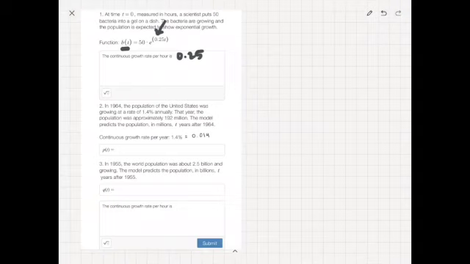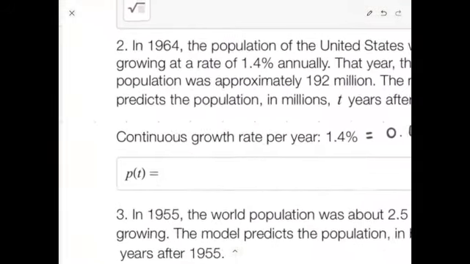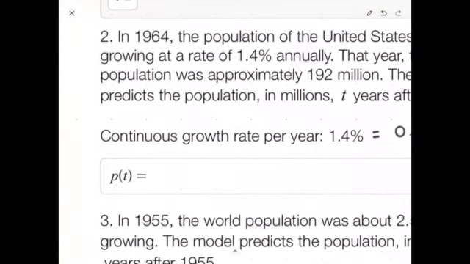And now if I want to write a function for this, I just need to know a couple of things. What's my starting population and what's my continuous growth rate? And I can write it. So we started with 192 million people times E, and we're raising E to the 0.014 times t.